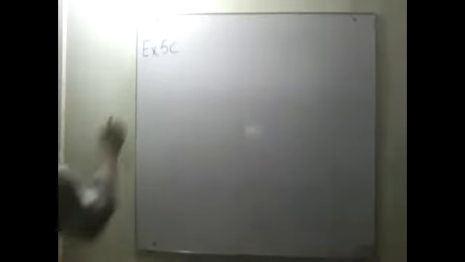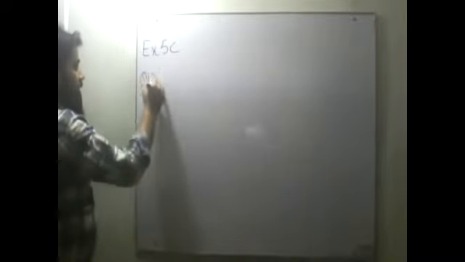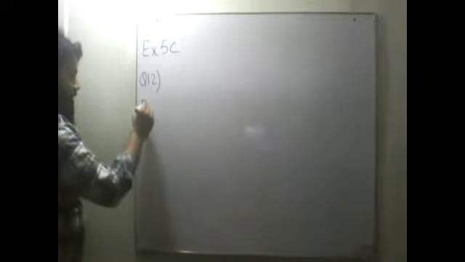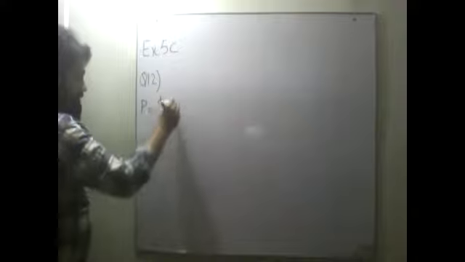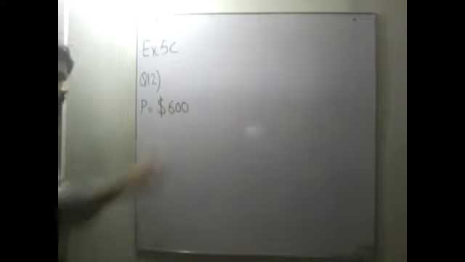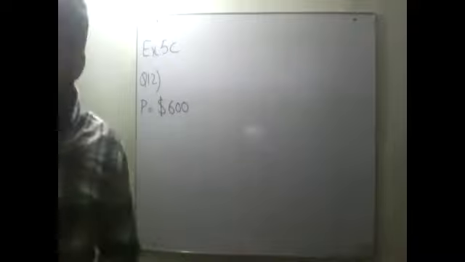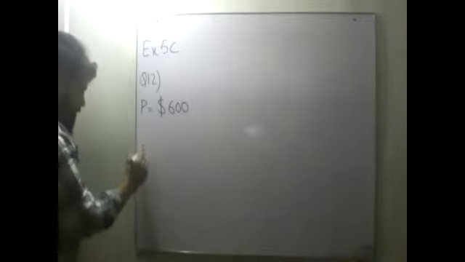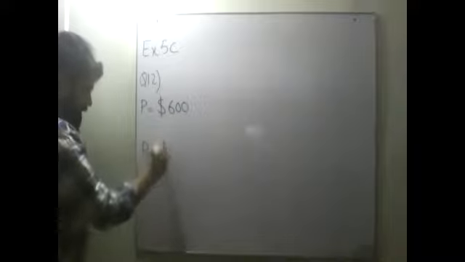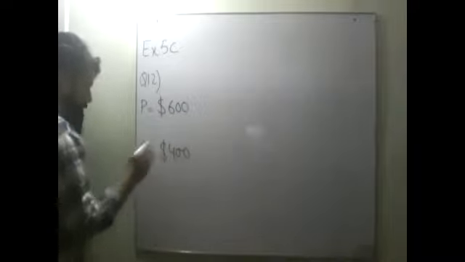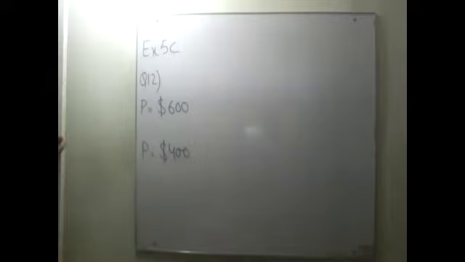Question number 12 is given to me, and the question is saying that in a certain year, James put $600 in a bank at the end of March, and $400 in the same bank at the end of June.